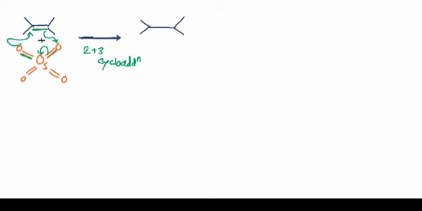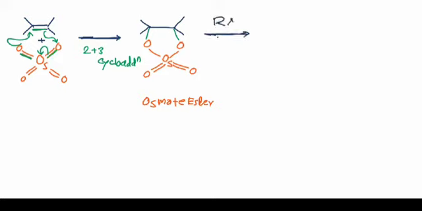Now look at this one. These are the two newly formed bonds, and here oxygen, oxygen, then osmium, and this is the double bond Os=O. That molecule is called the osmate ester. The osmate ester is broken with the help of various reducing agents, for example lithium aluminum hydride.